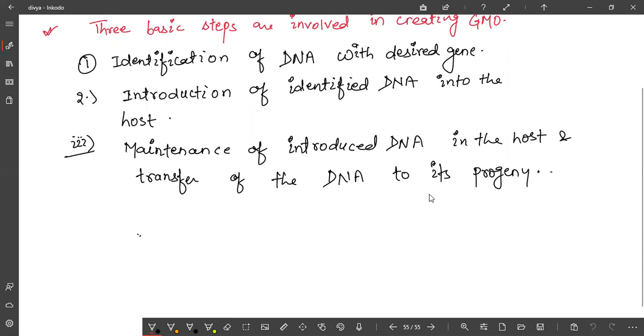And now, what are the tools? Previously, you have studied about restriction endonuclease and DNA ligase. So these are the tools.